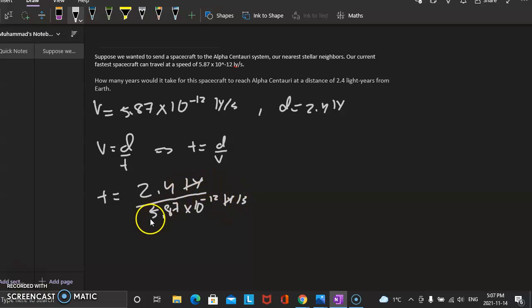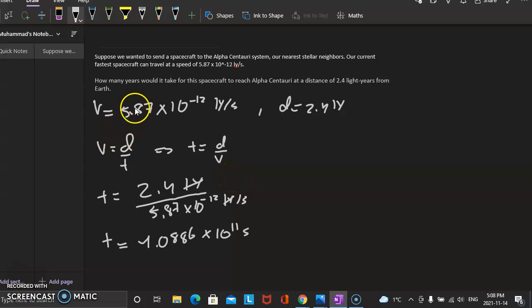Since these two cancel out, we're left with seconds, which is t equals... we get 4.0886 times 10 to the 11 seconds.